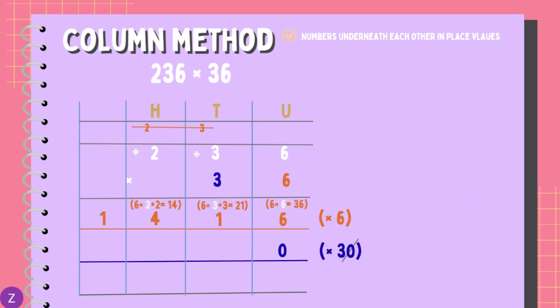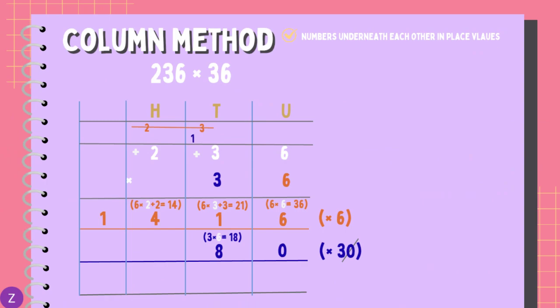So the 3 now also has to be multiplied with each number at the top. So 3 times 6 is 18. The 8 goes to the bottom by the tens column, and the 1 is now carried over to the hundreds column, the tens column, sorry.